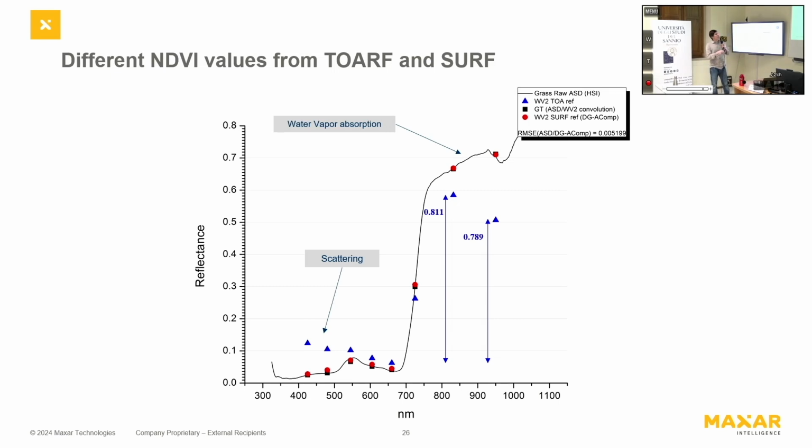And so if you calculate NDVI from top-of-atmosphere reflectance, you get about 80%. If you work in surface reflectance, you get about 90%. So there's a pretty significant difference. So again, working with surface reflectance will allow you to do much more accurate analysis of your data.